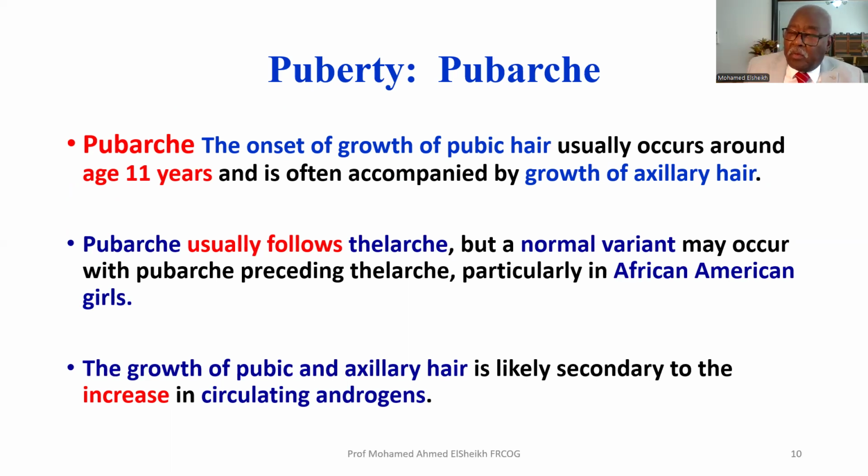In some African American girls, that could be the reverse, pubarch occurring first. The growth of the pubic hair and axillary hair is secondary to the increase in circulating estrogen. So you will see now estrogen acts on most of the female genital organs to let the girl go into puberty.